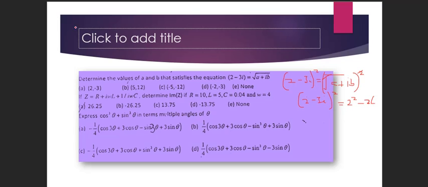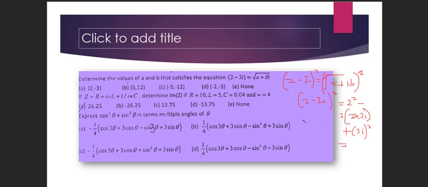Let me clear this one out because we cannot write in the dark. I'm using the simple expansion approach. So we have 2 times 3, and then we have 3i squared.